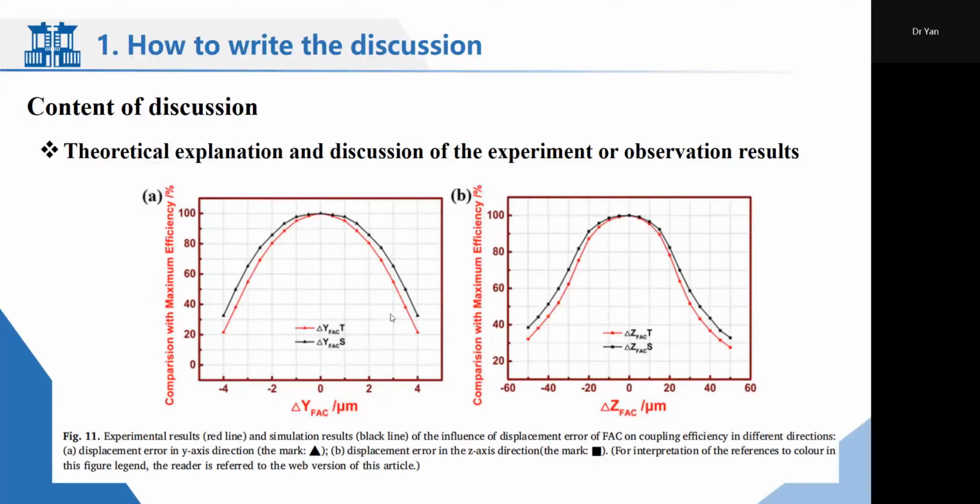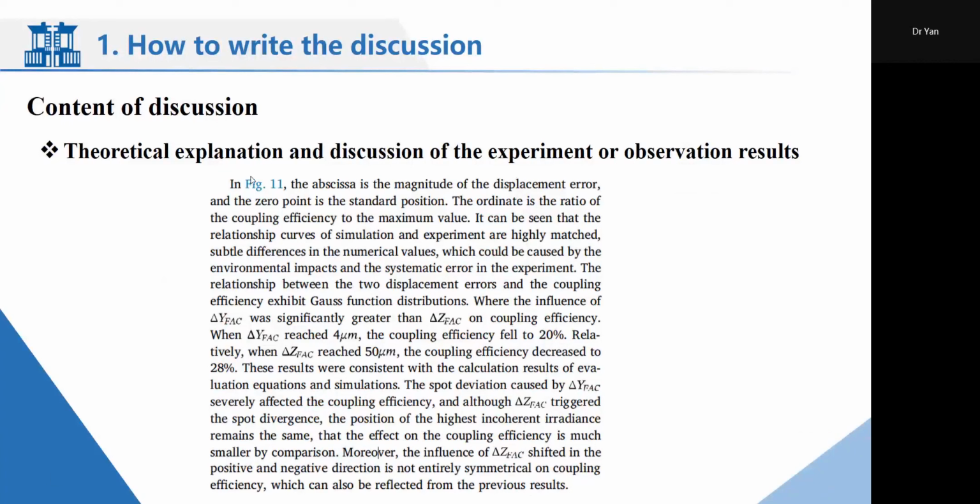And this is the description of the two figures in my paper. As you can see in these figures, the abscissa is the magnitude of the displacement error, and the 0 point is the standard position. Just the basic introduction of the figures. And the ordinate is the ratio of the coupling efficiency to the maximum value.